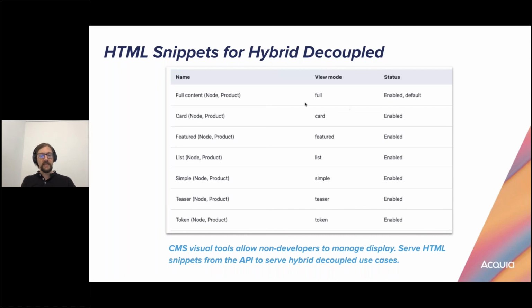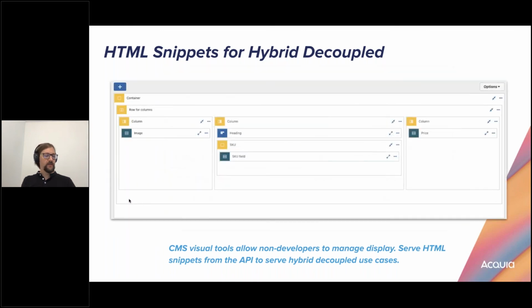So what we're looking at here in the UI for Acquia CMS, you would see a list of different types of templates for your content. In this case, you can see for the product content, we have, I think, 7 different templates available, depending on the view. If you wanted to see the full product page versus a card versus a teaser, etc. And one that we have here is this one that's for a list.